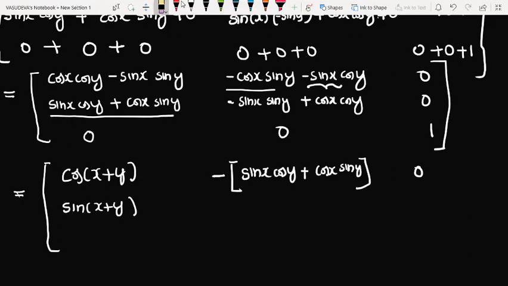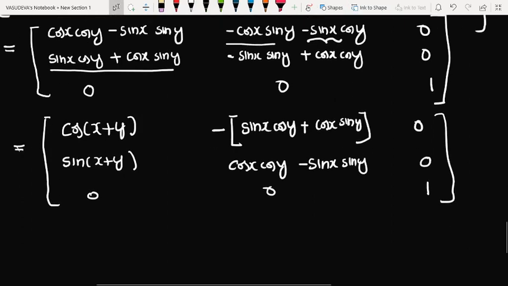We will write this as cos x into cos y minus sin x into sin y. The second term I have written first, and the first term written in the second term. So this is 0 0 0 1.